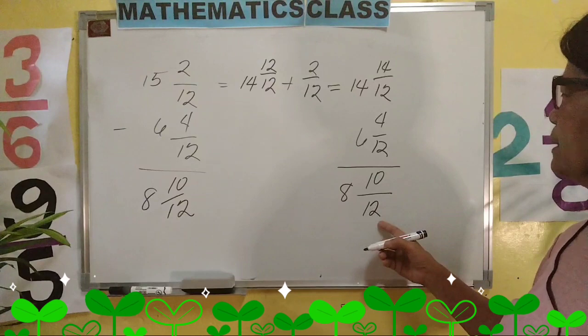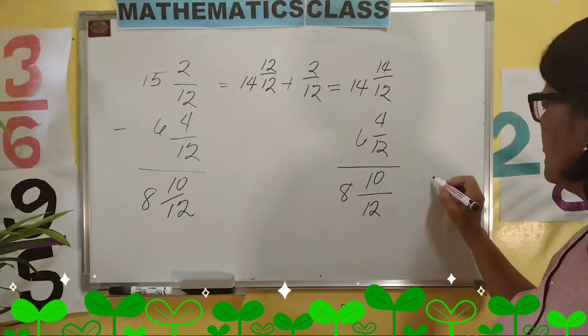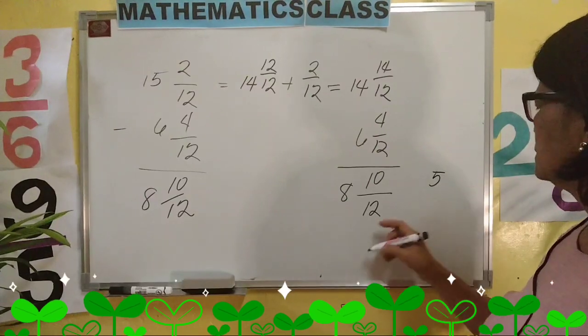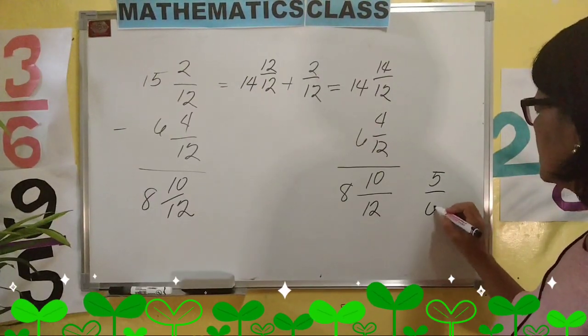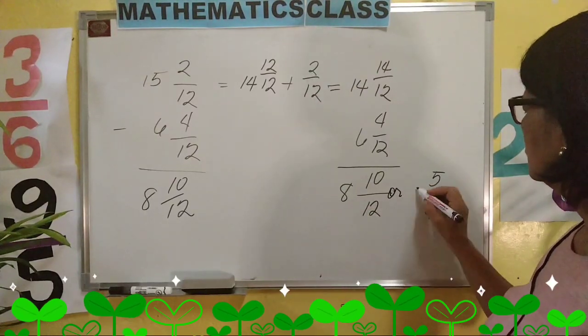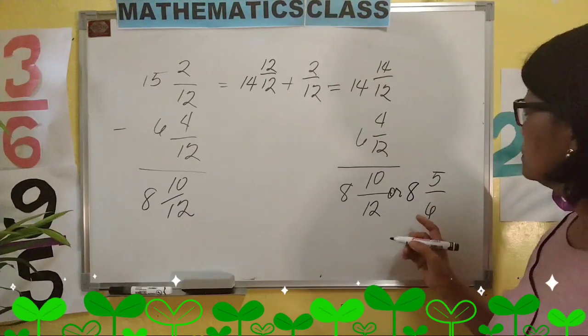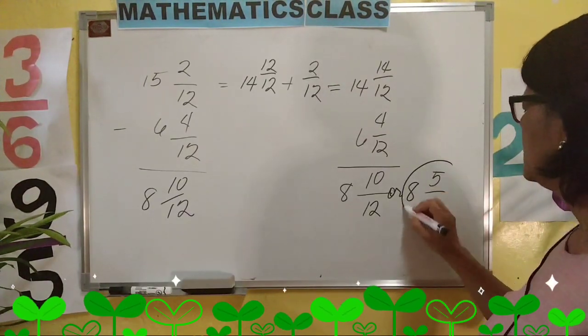The common factor for 10 and 12 is 2. 10 divided by 2 equals 5. 12 divided by 2 equals 6. And then write the whole number. So the answer is 8 and 5/6.